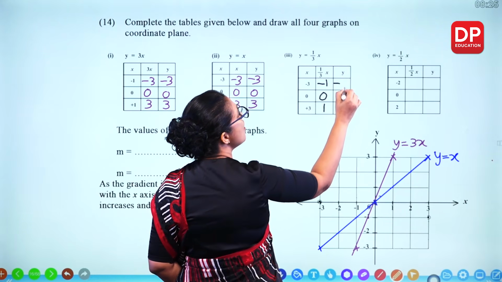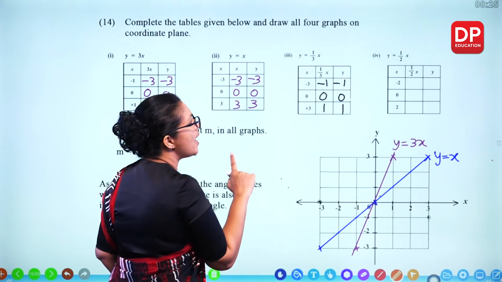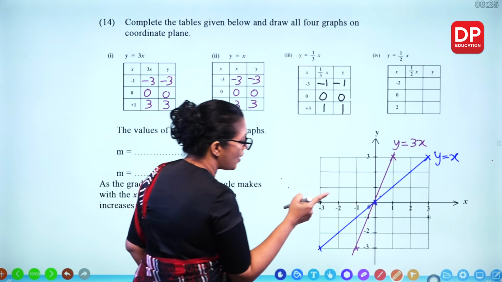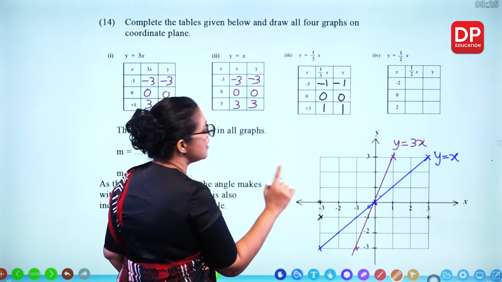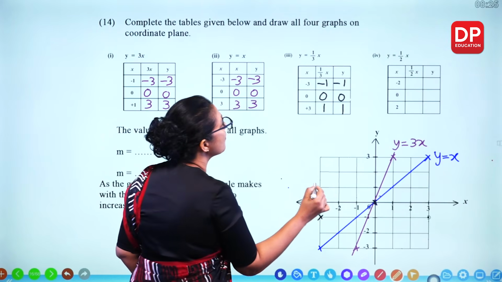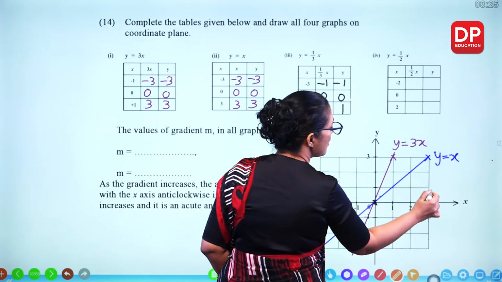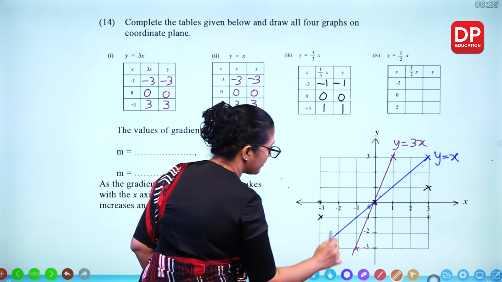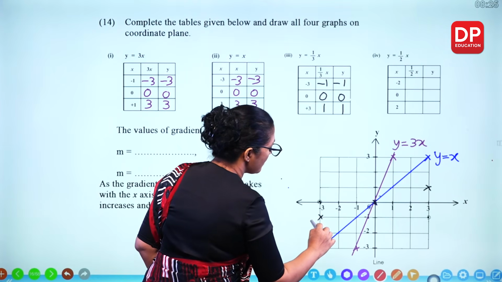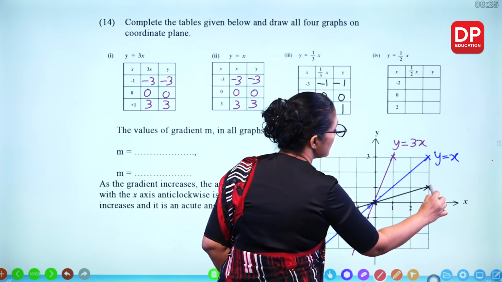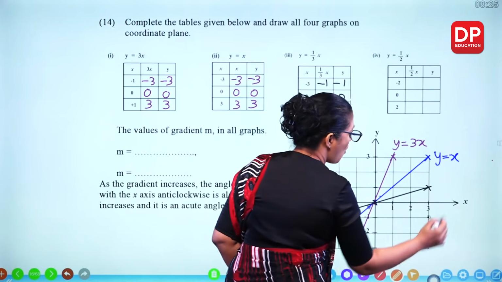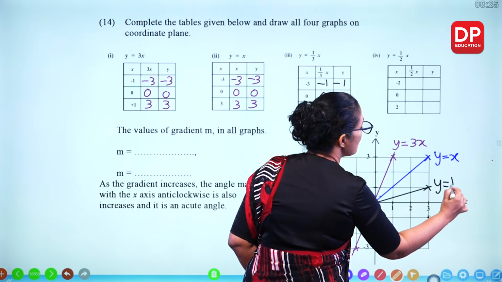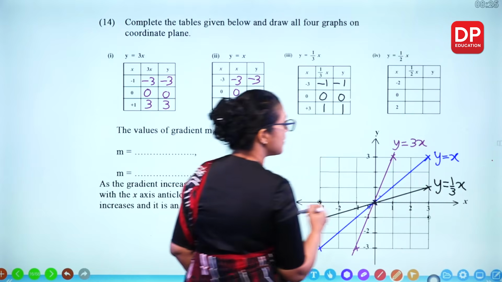So these are the y values. Points -3, -1. 0, 0. 3, 1. Now when you connect these 3 points, you get a straight line like this. This is y equals 1/3 x.